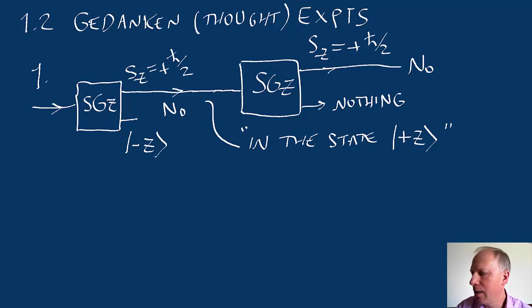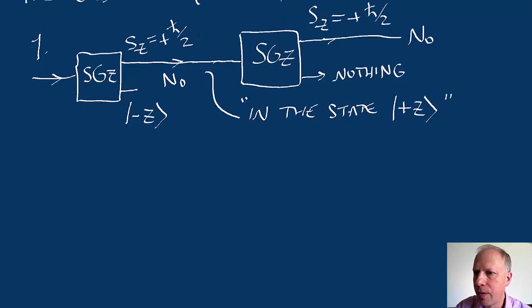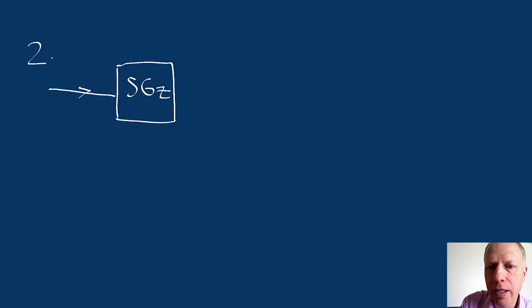Let me go on to experiment number 2. Again, a beam comes in to an SGZ device. Again, we will ignore the spin down output and take the spin up output, Sz equals plus h bar over 2.